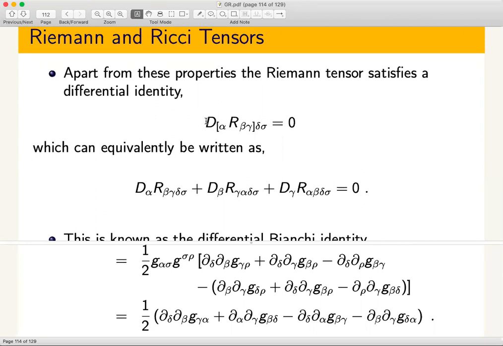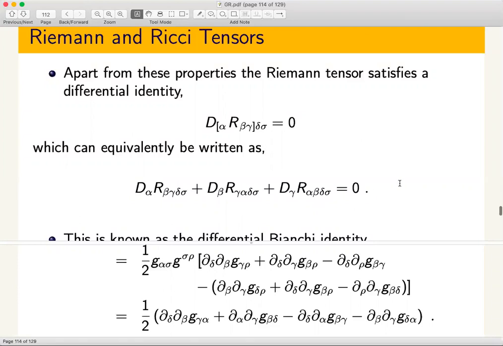But if you anti-symmetrize this covariant derivative with respect to the first two indices of the Riemann tensor, then that equation can be written in this form: d alpha of R beta gamma delta sigma plus d beta of R gamma alpha delta sigma, plus d gamma of R alpha beta delta sigma equals 0.